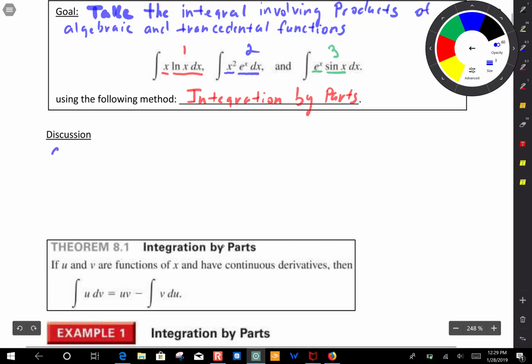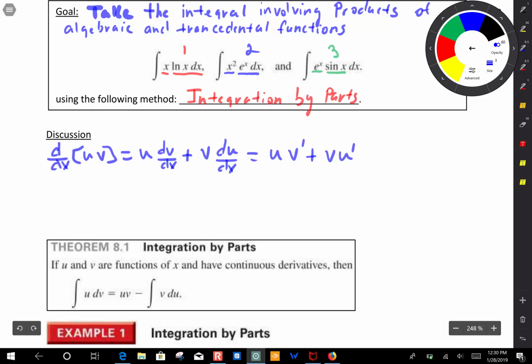Remember, when we took the derivative of two functions being multiplied, u times v, we did the product rule: the first times the derivative of the second plus the second times the derivative of the first. I'm going to rewrite this as u v prime plus v u prime. Remember, these derivatives are all in terms of x. We're just using u and v to simplify the notation, but everything is in terms of x.